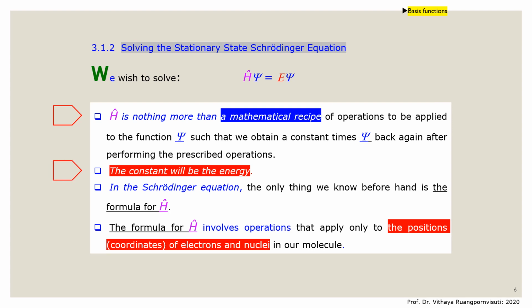The constant will be the energy. In the Schrödinger equation, the only thing we know beforehand is the formula for the Hamiltonian operator. The formula for the Hamiltonian operator involves operations that apply only to the positions or coordinates of electrons and nuclei in the molecule.